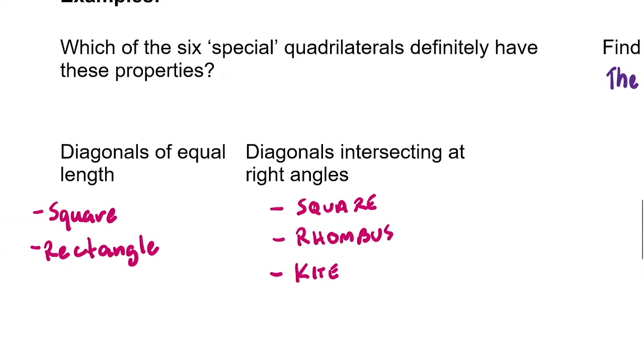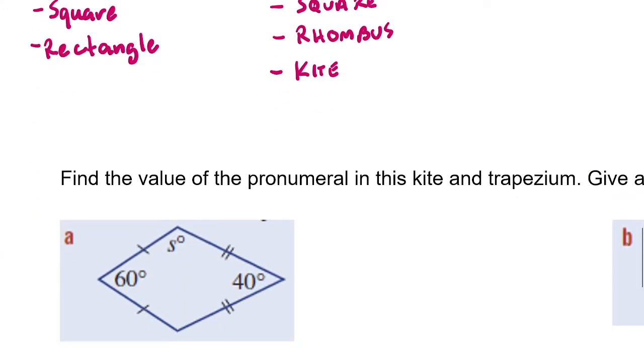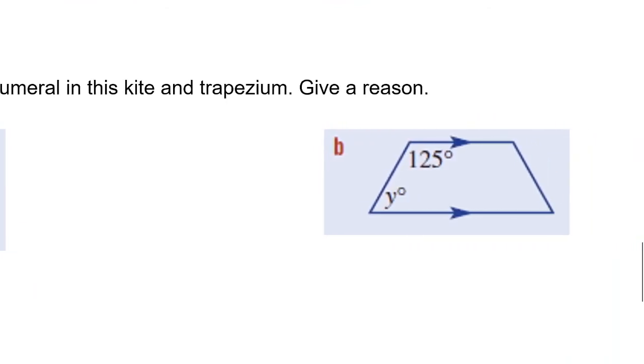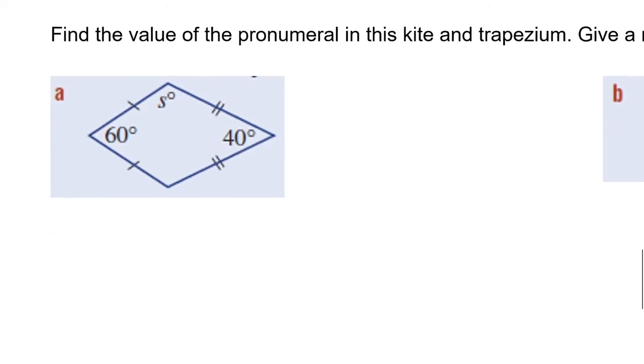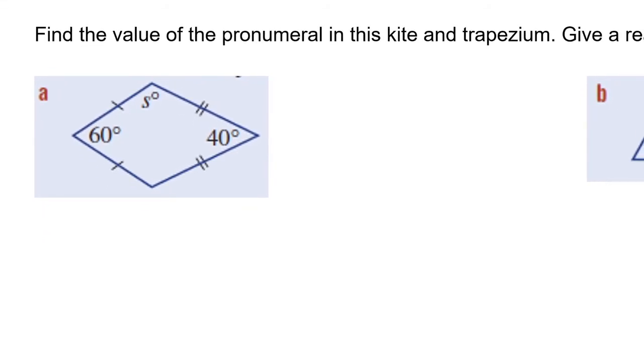Okay, last little example. We've got a kite, we've got a trapezium. And we're going to find the value of the pronumerals in these, and then we're going to give a reason for it. So let's look at our kite. Right, well, we've got 60 and 40. Then we've got S, and then we've got the other side. Now, something that's actually kind of cool about kites is that they form 2 isosceles triangles.